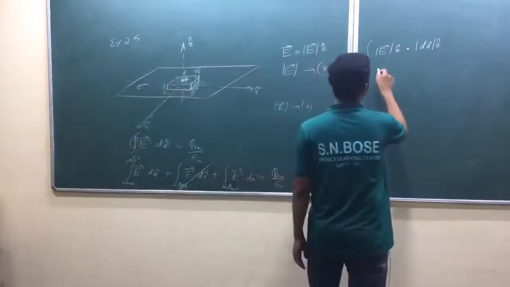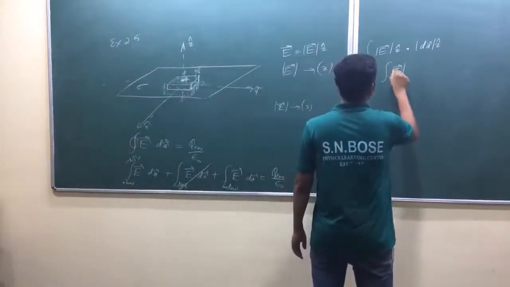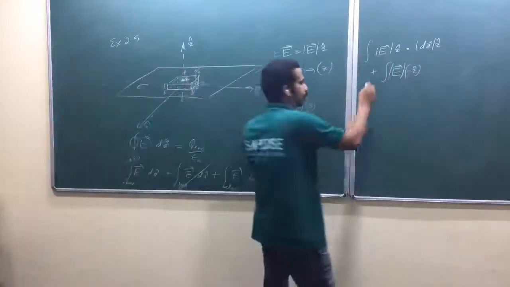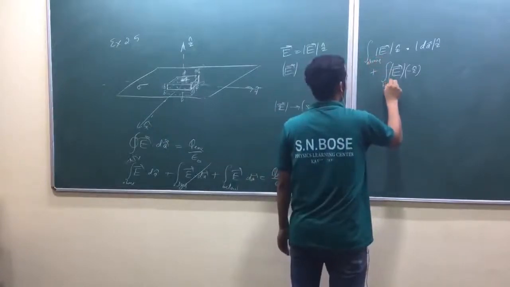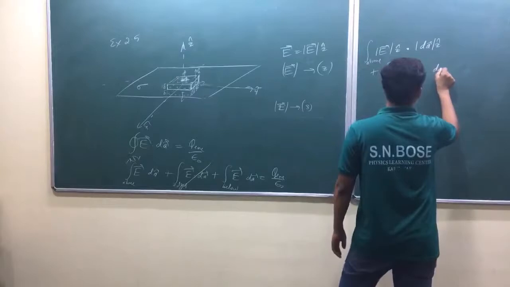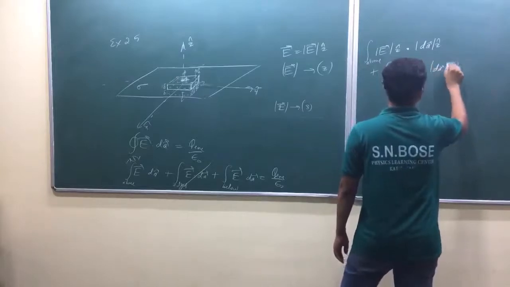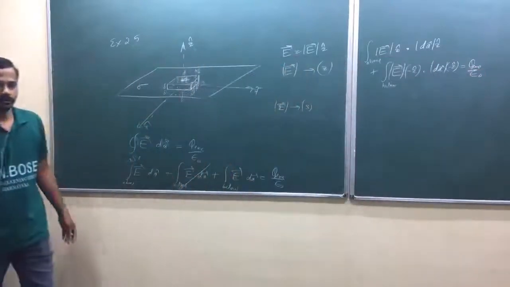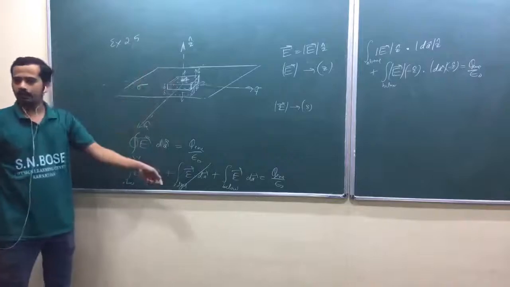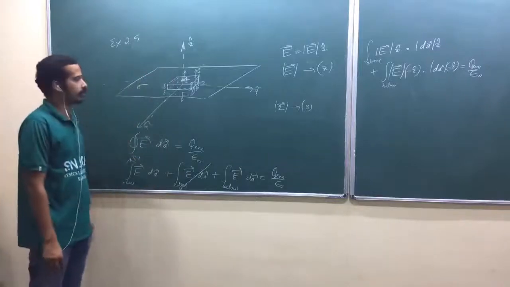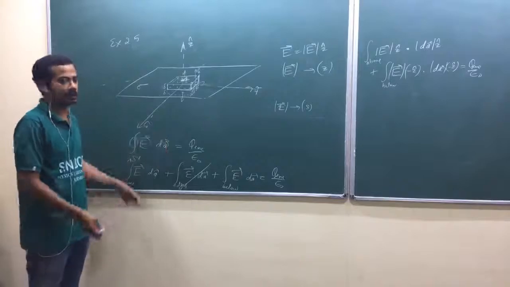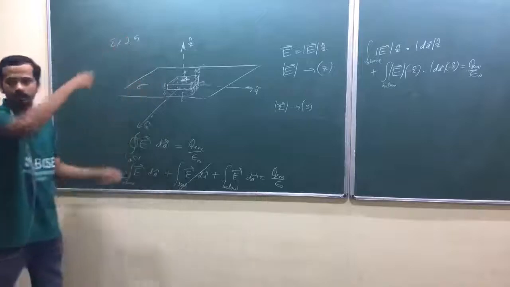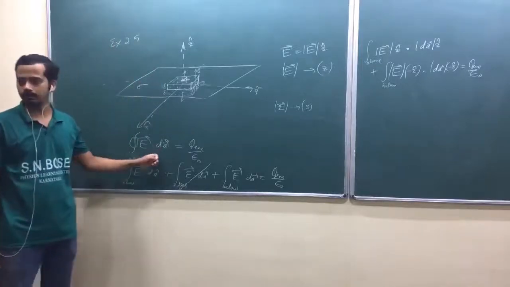Plus mod of electric field times minus z cap below, dot product with mod of dA times minus z cap, equal to Q enclosed by epsilon naught. I hope you got the idea. Below, the electric field is along minus z cap and the area vector is also minus z cap, because for a closed surface the area vector should always be outward from the region. That was the rule.